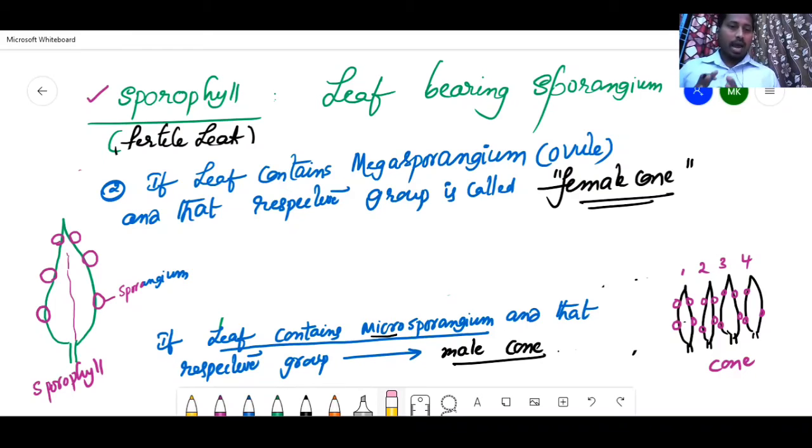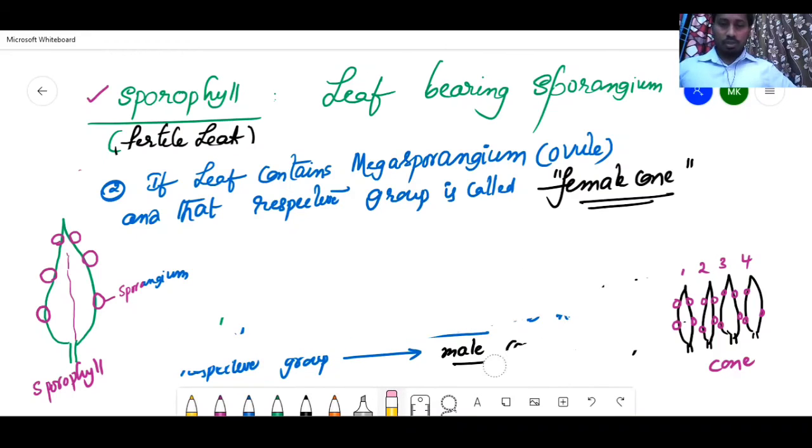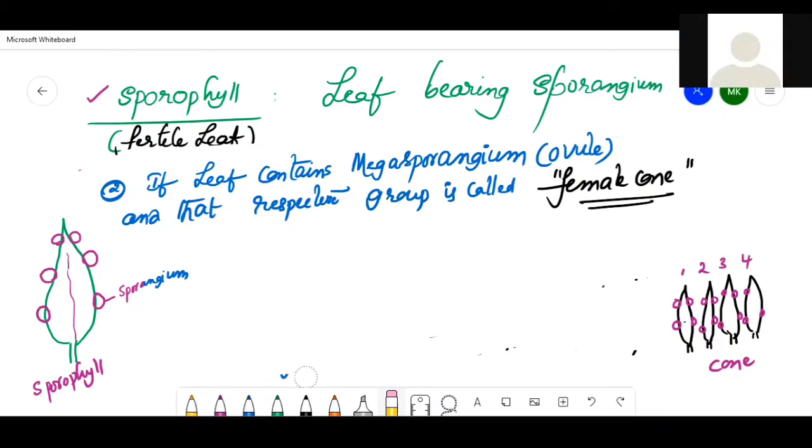That is the reason I'm explaining first sporophyll, then cone, and in that male cone and female cone, monoecious and dioecious. So please tell me whether you have understood till now or not. Understood, sir. Yes, sir. Clear?